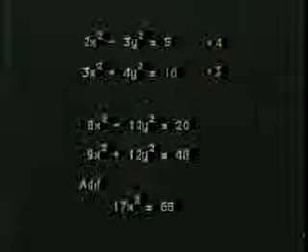This time in the y terms I have a 3 and a 4, so the LCD is 12. That means I want to multiply the first equation by 4 and the second by 3, like this, which gives me a positive and a negative 12y squared.